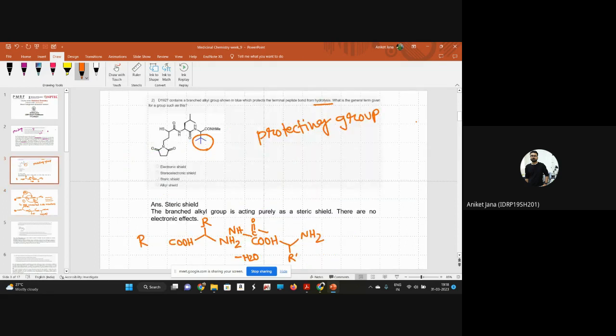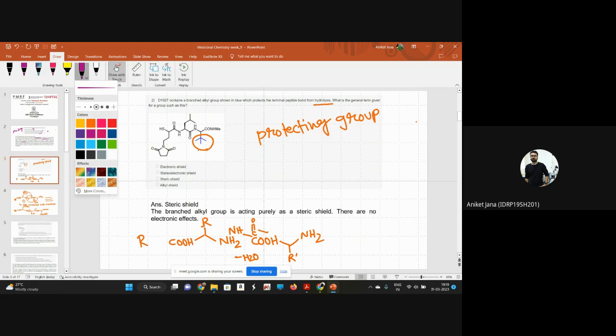So now let's come back to our original question: a branched alkyl group shown in the blue line protects the terminal peptide from hydrolysis. So what is the general term given for this group? Is this an electronic shield? What about electronic shield?